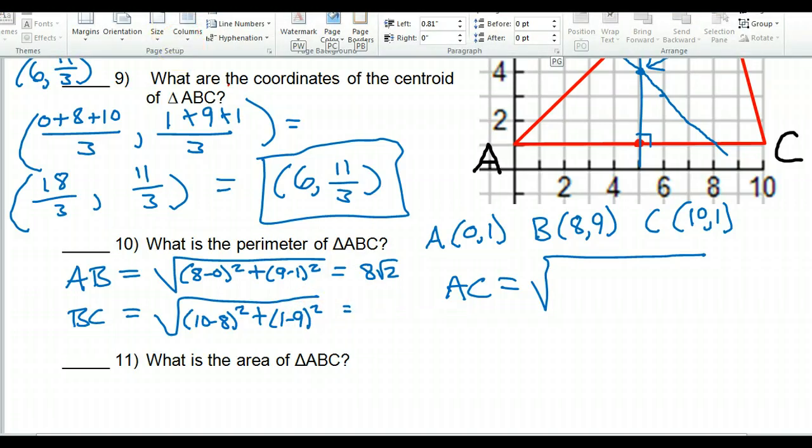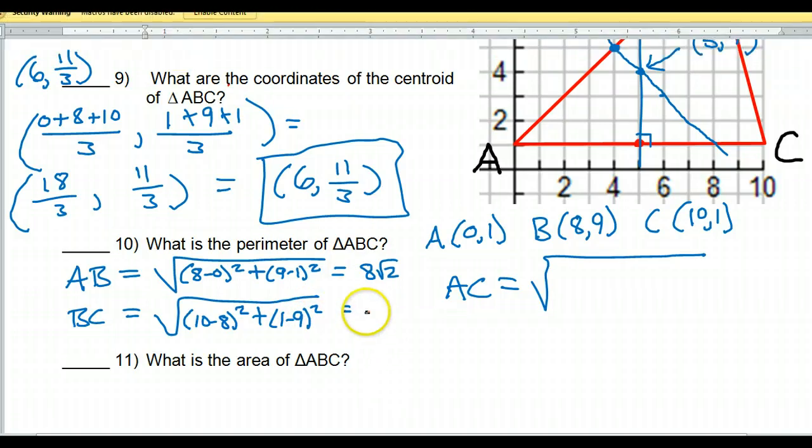I'm getting 2 radical 17. And then finally AC, so I'm going from A all the way to C, so that's going to be 10 minus 0 squared, and then 1 minus 1.